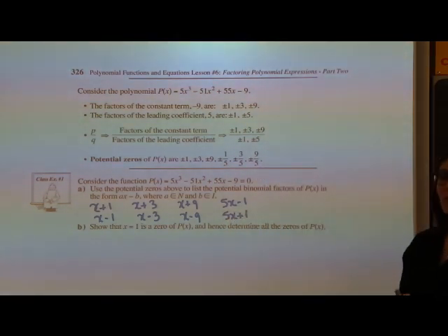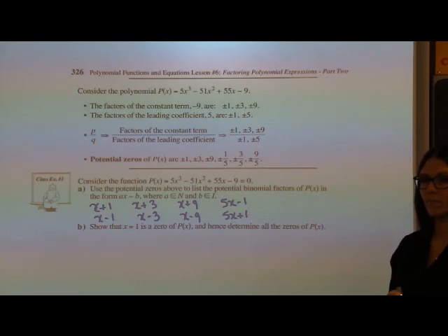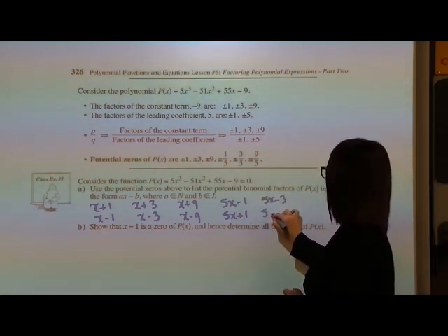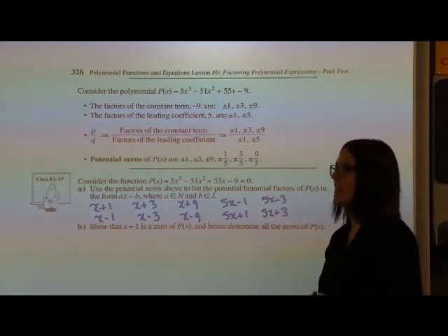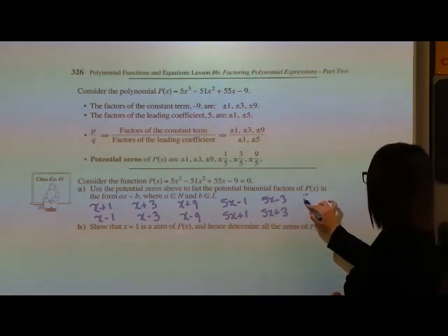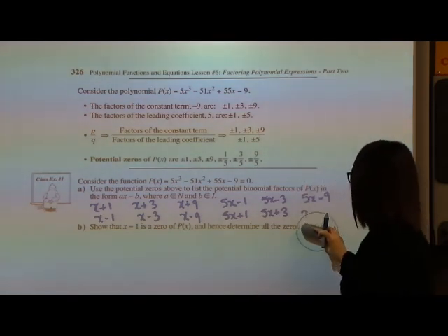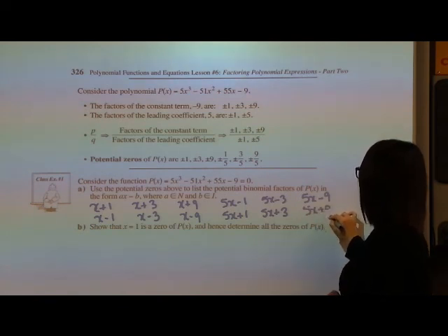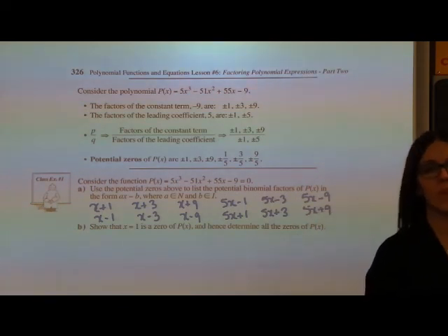What's my 3/5 going to give me? 5x minus 3 and 5x plus 3. And then my 9/5 would give me 5x minus 9 and 5x plus 9.